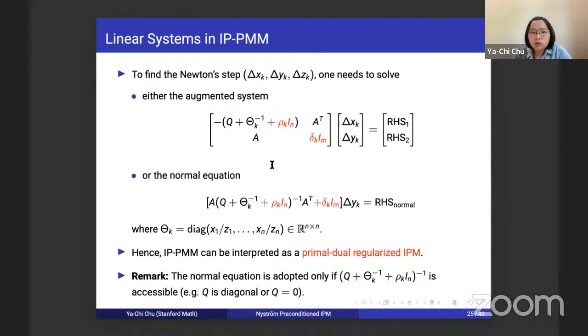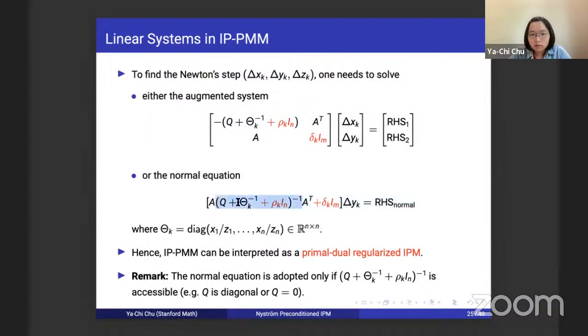Okay, and just a quick remark here. We only need to solve one of these systems. So how do we choose? We usually want to solve the normal equation because it involves a positive semi-definite matrix, but the augmented system is indefinite. But the thing is, there is an inverse here.